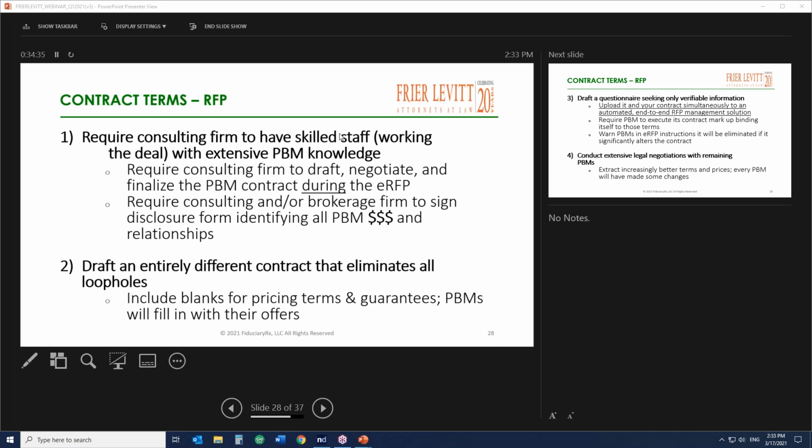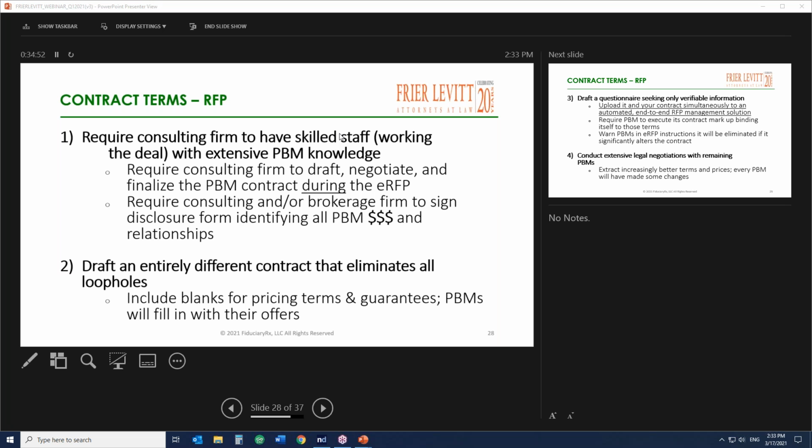So the first step is to require consulting firms to have skilled staff with extensive PBM knowledge. And of course, the consulting firm and its staff should be fiduciaries of the plan sponsor and not incentivized by the PBM.